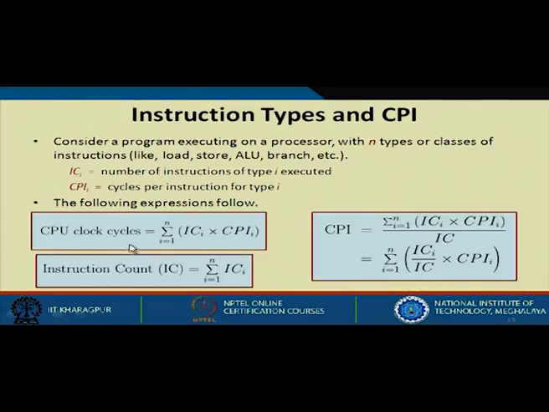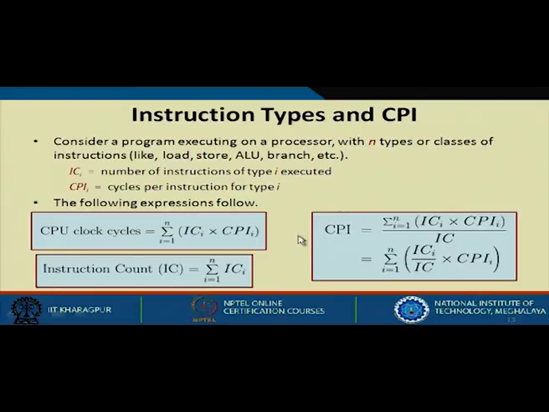So, CPU cycles, clock cycles will be instruction count of I into CPI of I, summation of that. Similarly, instruction count will be considering all the instructions of all the types, IC of type I, where I goes from 1 to n. So, there are n types of instructions.